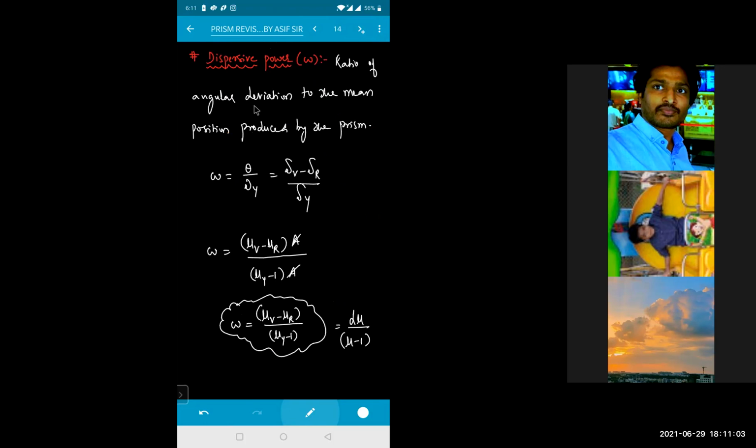It is the ratio of angular dispersion, that is theta, to the mean deviation produced by the prism, that is yellow, the mean color for violet and red. Then omega is equal to, simplifying, these relations. Clear?